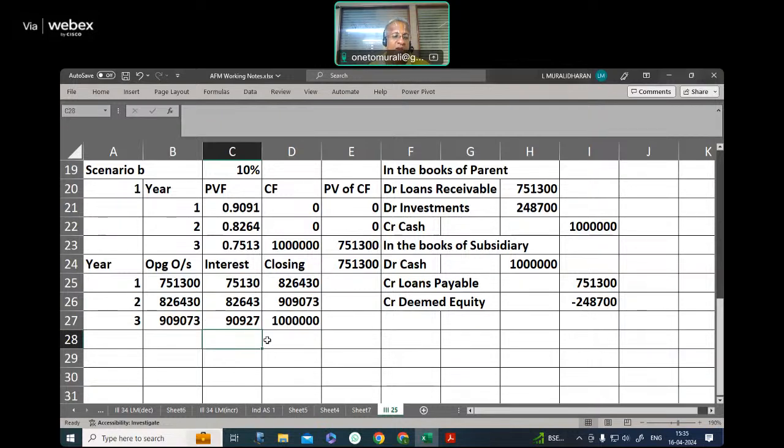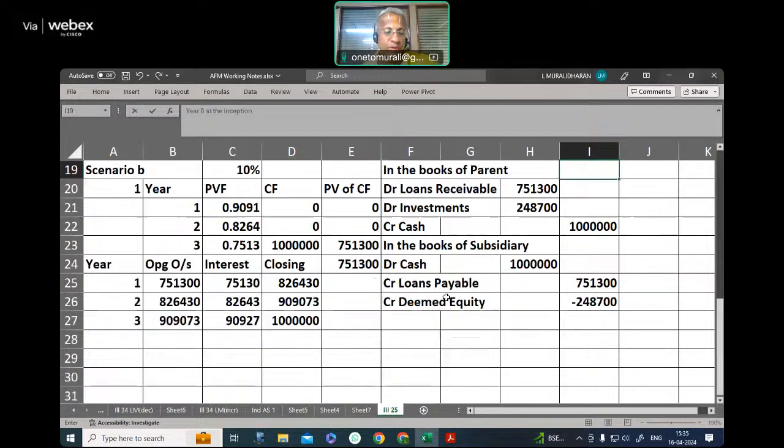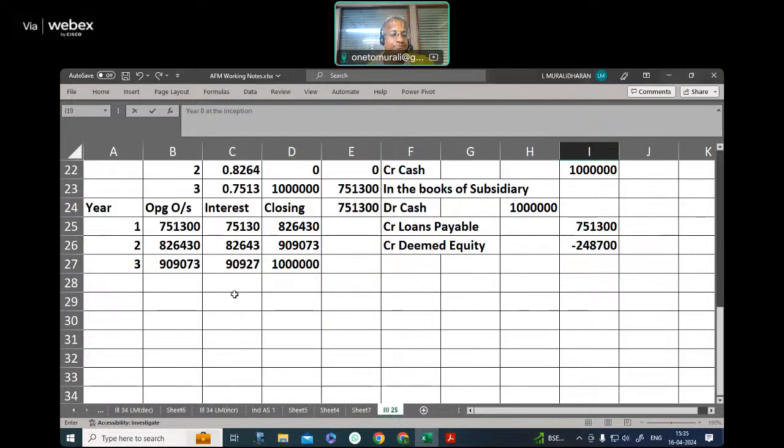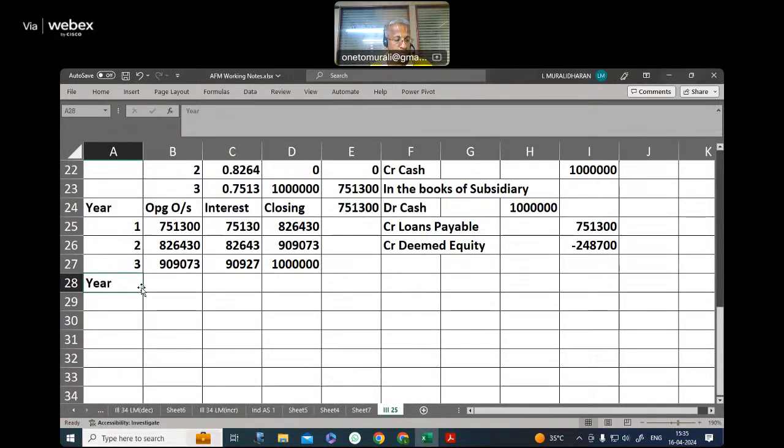So the scheme of journal entry will be, this is at the inception. At the inception, this is the journal entry that we are expected to pass. In year number 1, we pass a journal entry in this fashion.